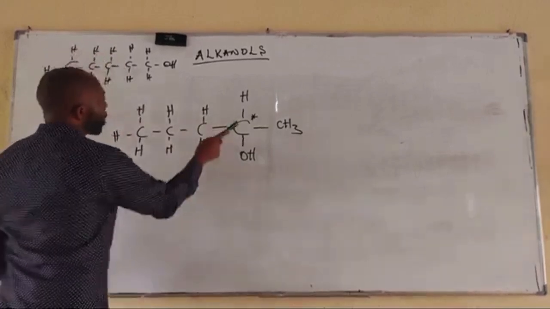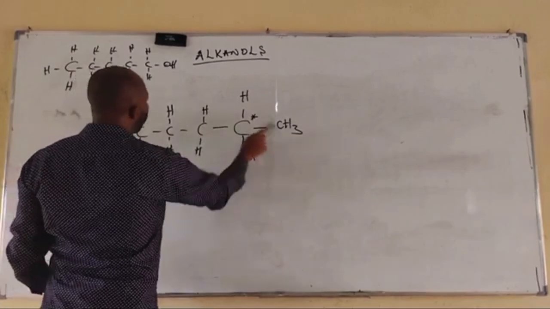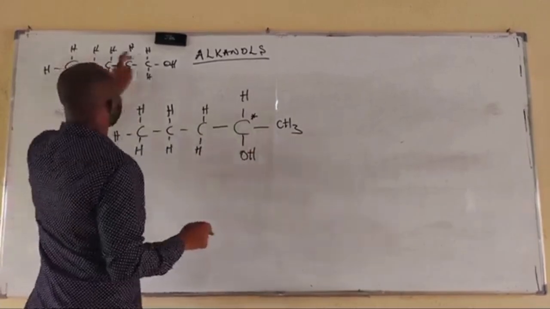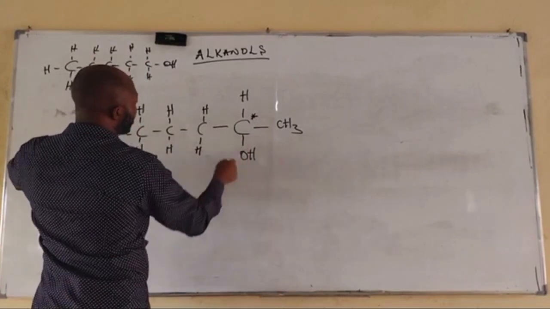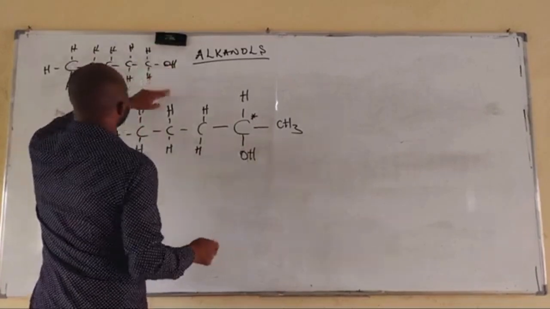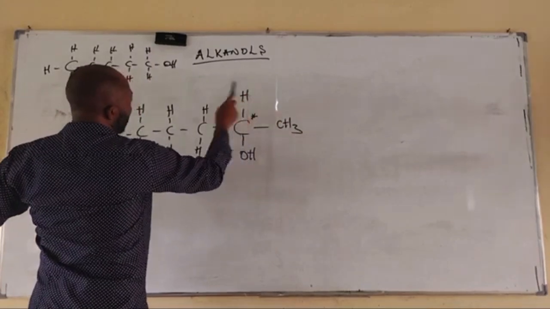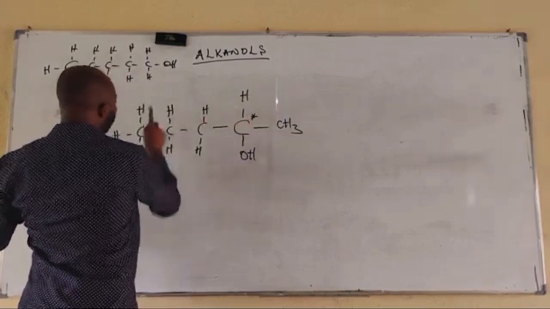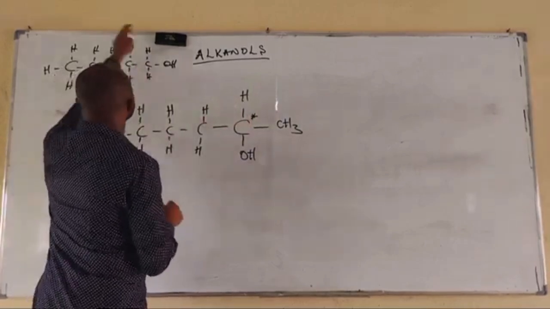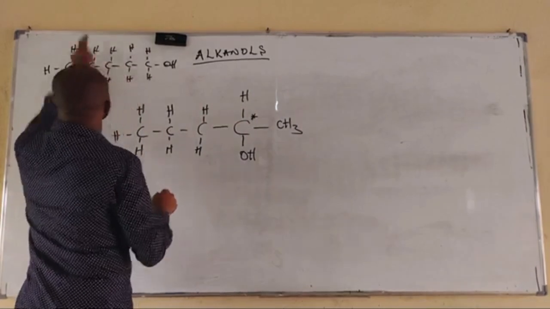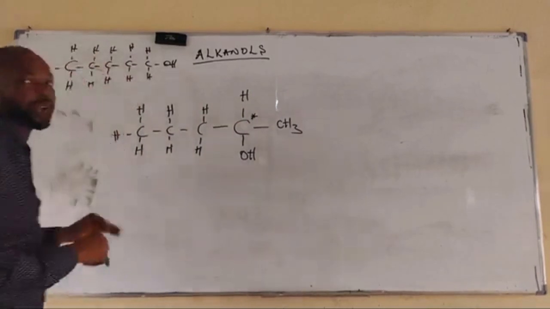So now we have 1, 2, 3, 4, 5 carbons. 1, 2, 3, 4, 5 carbons. We have one OH group. We have hydrogens: 1, 2, 3, 4, 5, 6, 7, 8, 9, 10, 11. So it's isomeric.